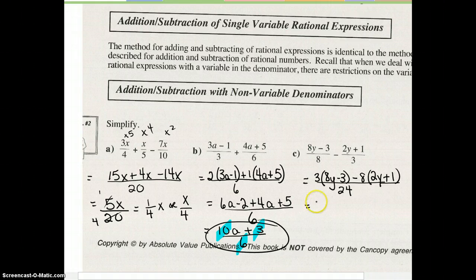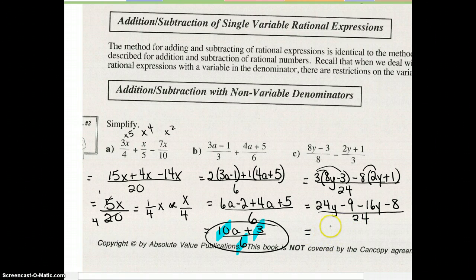If I do that, I will just take the 3 throughout the bracket. I'm going to get 24y minus 9. All I did was multiply these together through the bracket, and then I do the same thing with the other bracket. I did 8 times 2 is 16y, and the 8 goes with the 1, and I end up with a negative 8, all over 24.